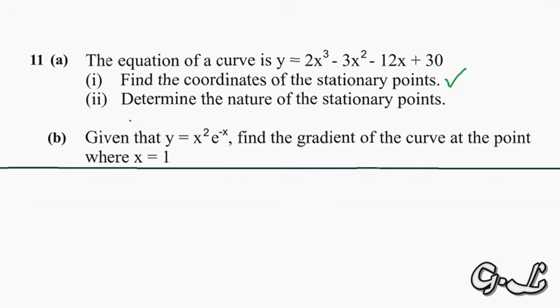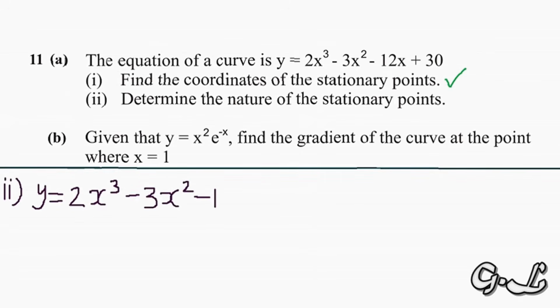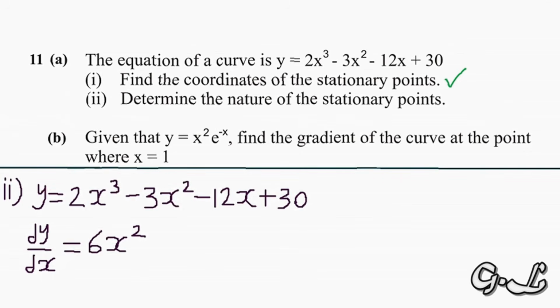We had that equation, which is y is equal to 2x power 3 minus 3x squared minus 12x plus 30. The next thing that we have to do is differentiate this equation. We already found the dy dx.